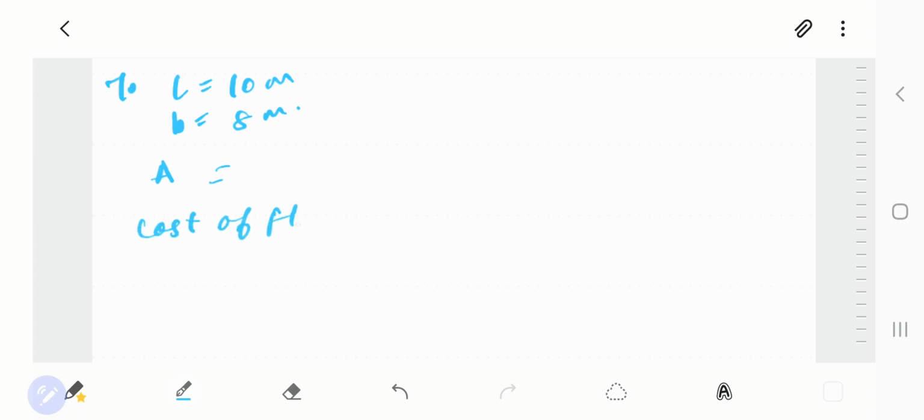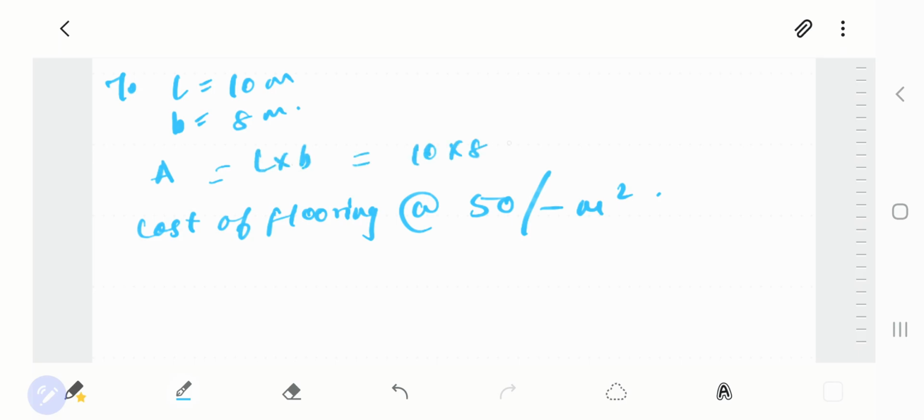Problem number 7, which says we have length as 10 meters, breadth as 8 meters, and you have to calculate the area and cost of flooring at the rate of 50 per meter square. If you lay a floor, first you have to find the area. And area is length into breadth.